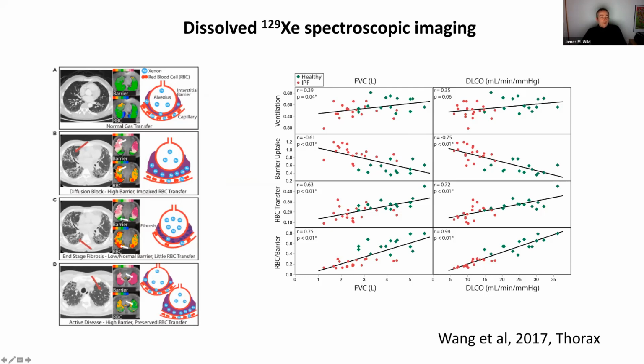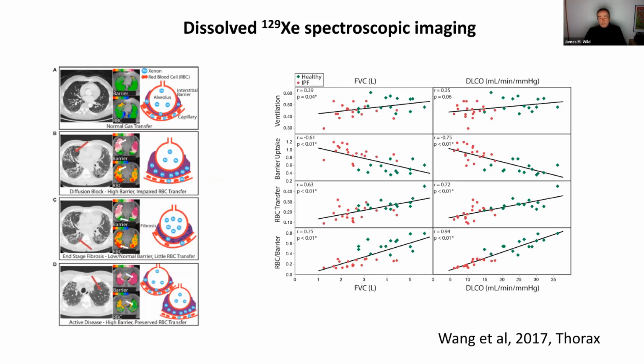In a patient with IPF with diffusion block, where you've got an elevated barrier, we see a depleted barrier signal and a lower red blood cell signal as well, indicating that the xenon's not getting through into the capillaries as readily. So now we're coming up with quantitative parametric maps of xenon in each of these compartments.